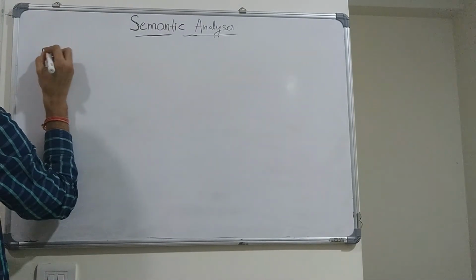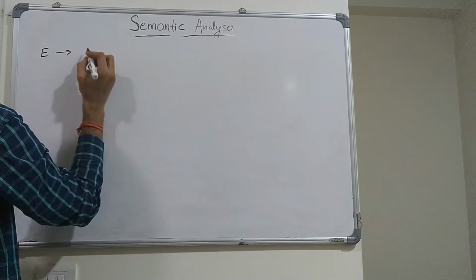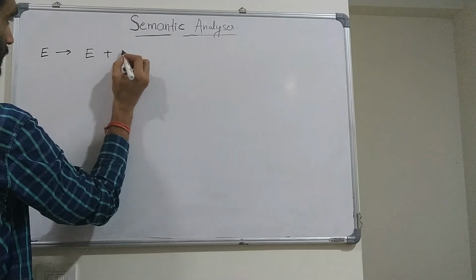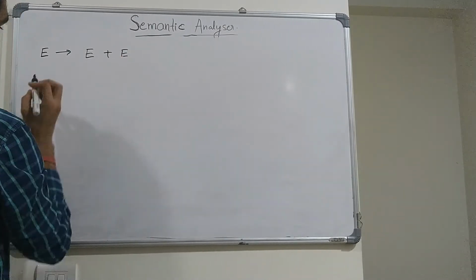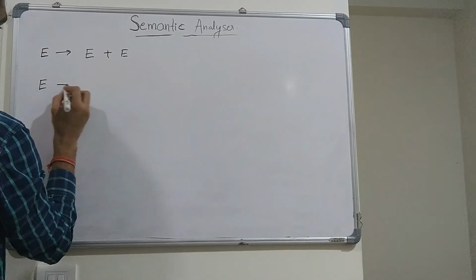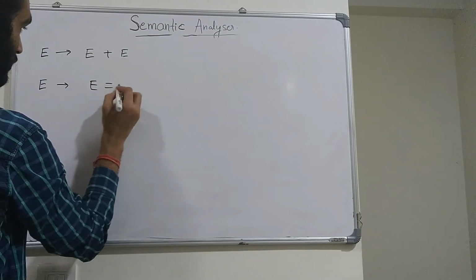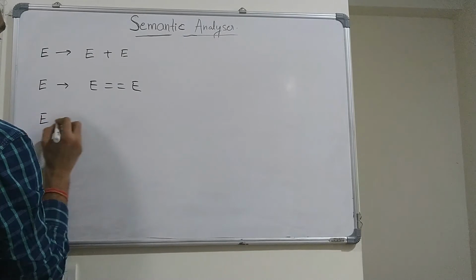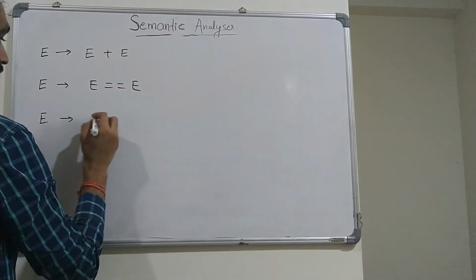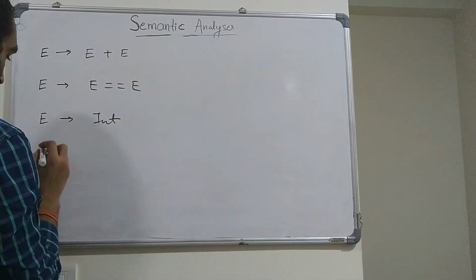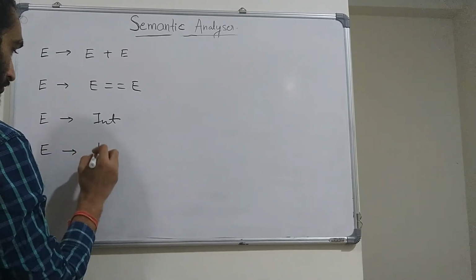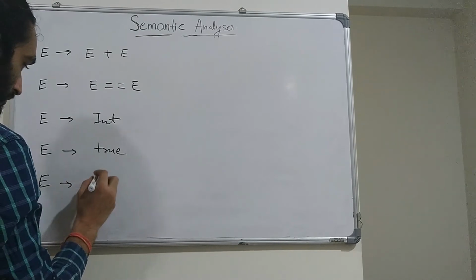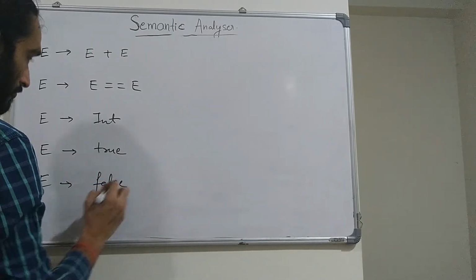So I am using a variable which says E plus E. The second E says E equals E. The third E says E is integer. The fourth E says E is true. The fifth E says E is false.